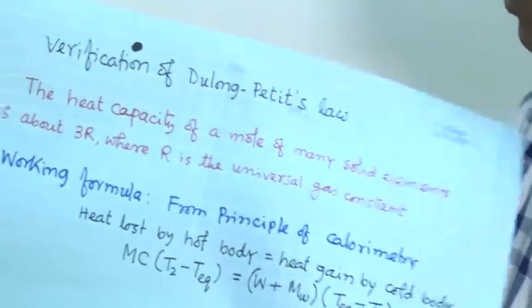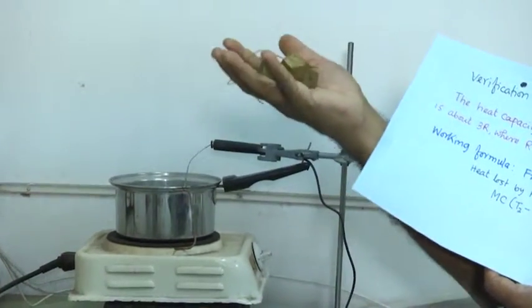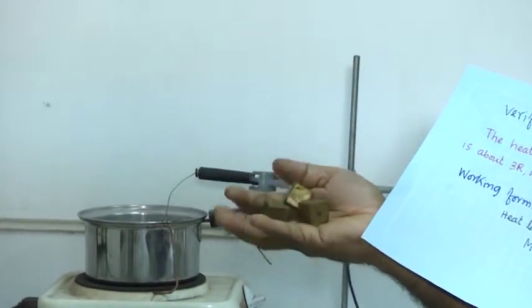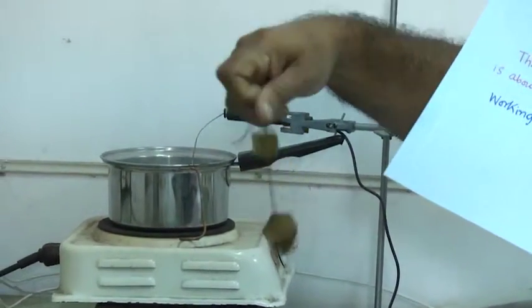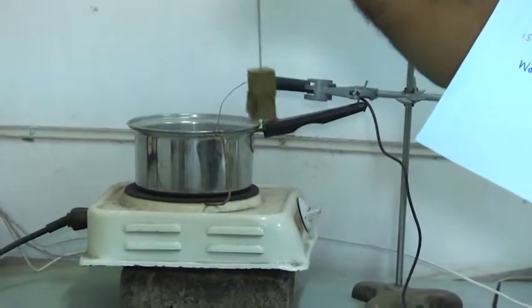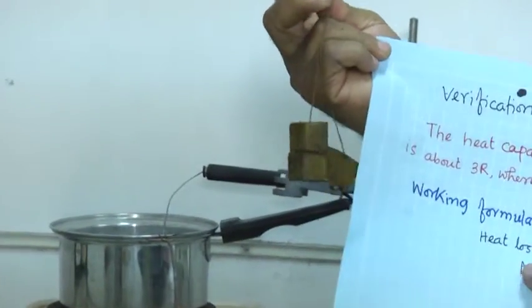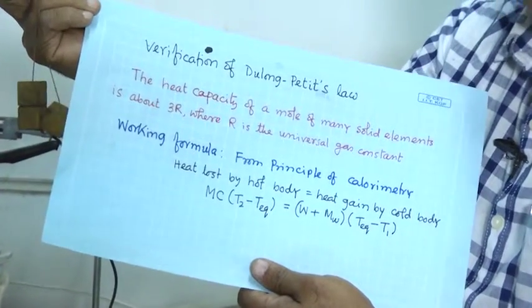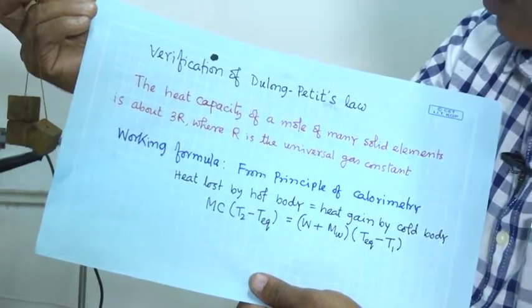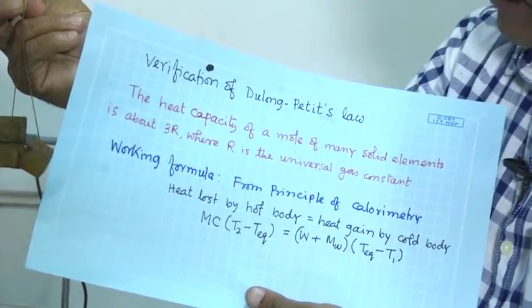So, here I have taken 3 pieces of the same metal. The mass of this metal is say m, here in this formula, and its molar heat capacity is C.